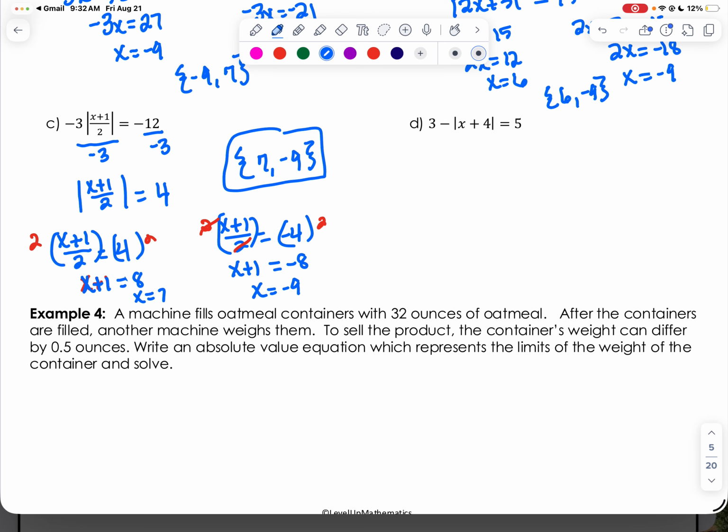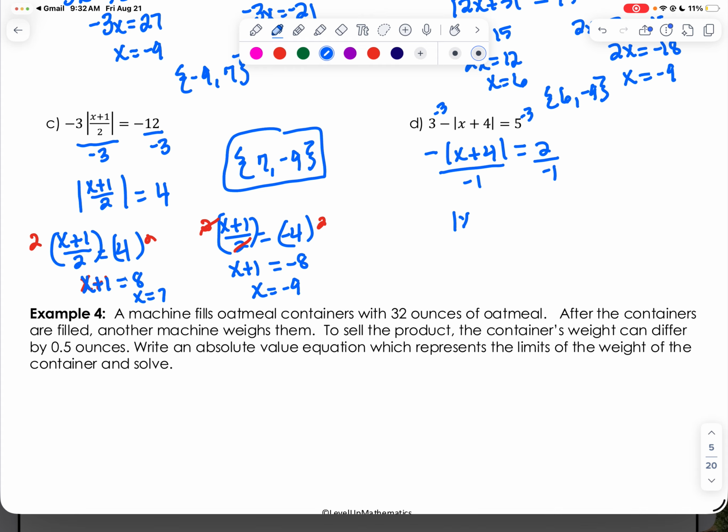All right, problem D. 3 minus the absolute value of x plus 4 is equal to 5. So let's get rid of this 3 first. We'll subtract 3 from both sides. So that would leave me negative 1 times the absolute value of x plus 4 equals 2. Now we're going to divide both sides by negative 1 to get rid of that negative.